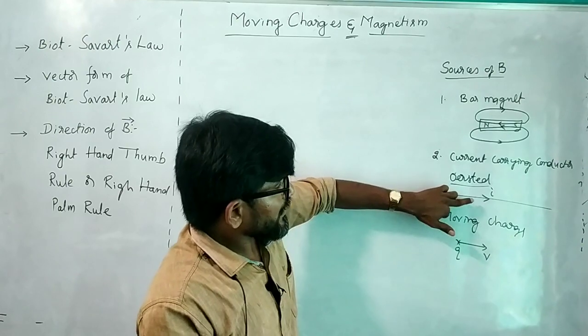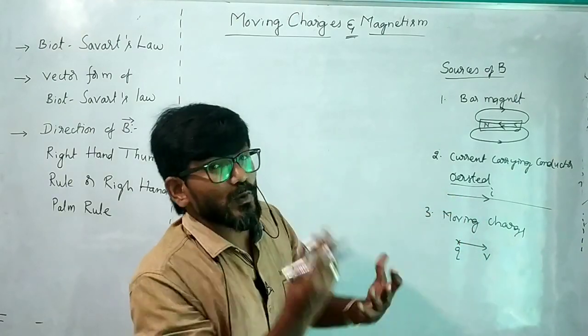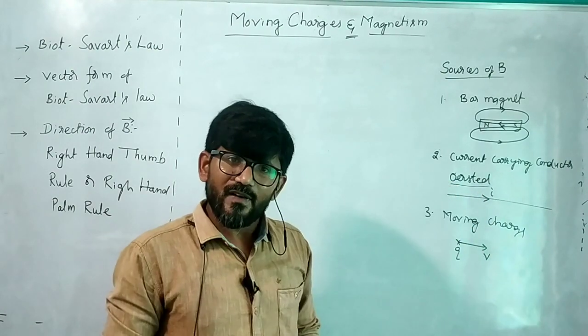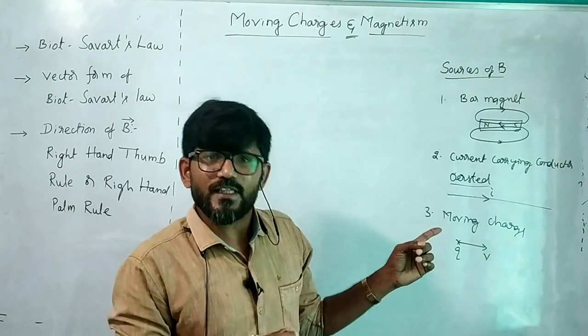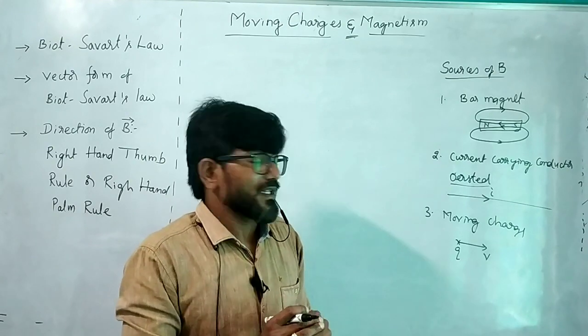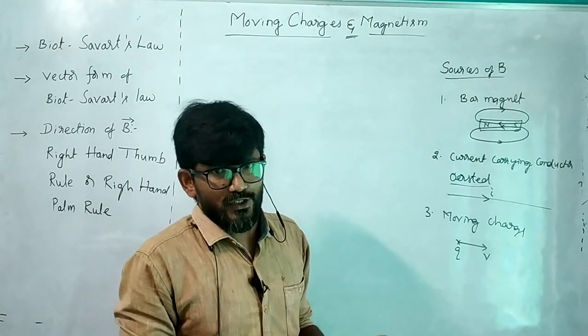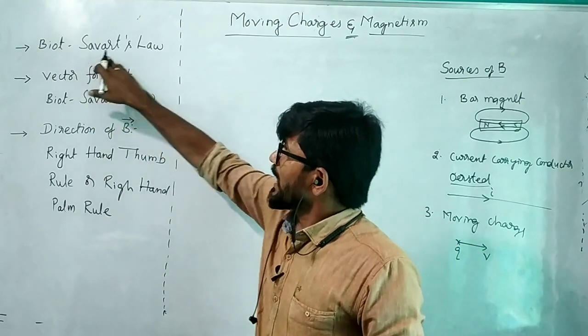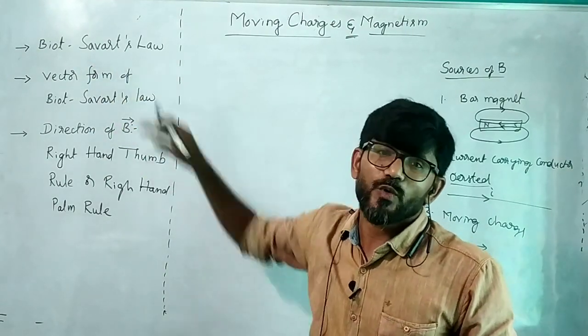How to calculate the magnetic field produced by a current carrying conductor? Ørsted observed that a current carrying conductor produces magnetic field, but how much field does it produce? To understand that, two scientists, Biot and Savart, formulated a law.